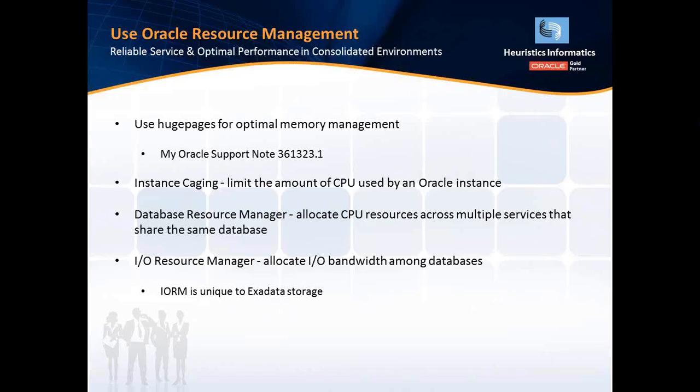And then IORM, or the IO resource manager, allows you to distribute IO bandwidth across different databases. So for example, you can configure your data warehouse database to be optimized for read IO, because that's primarily what its function is going to be, whereas your OLTP databases or your HR database, for example, can be configured for a higher write IO, based on what its primary function is.